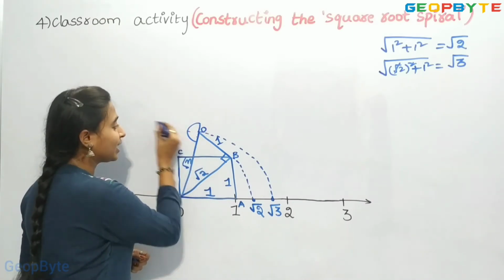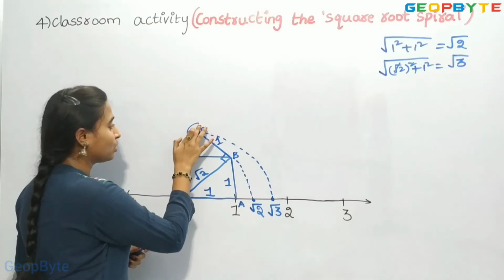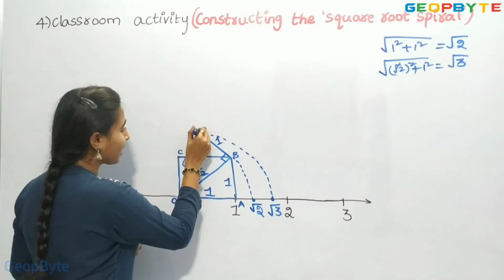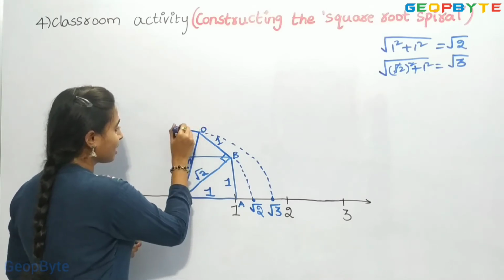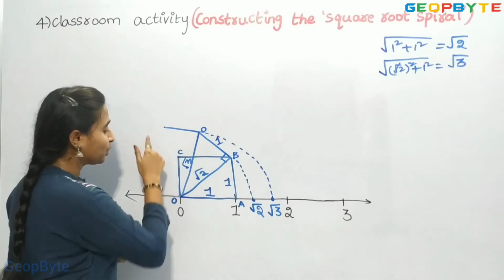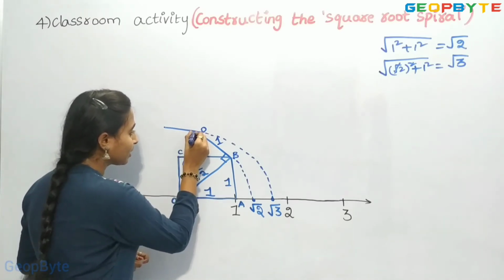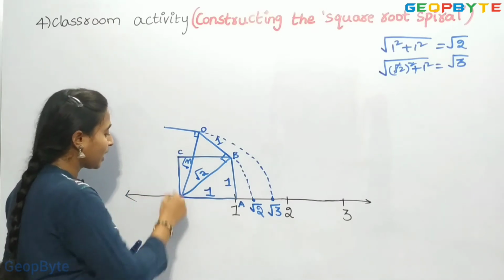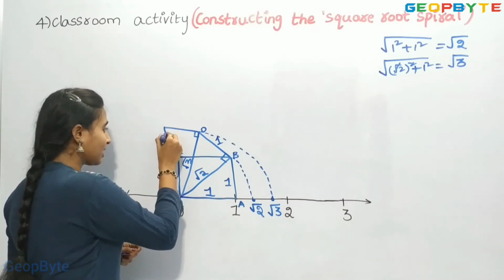So here it is 90. Let us draw. So if we draw that, we get a line like this which is 90 degrees to the line OD. So now let us join this line.